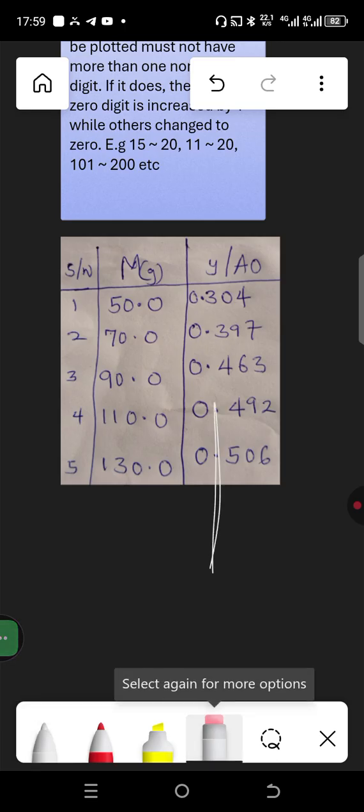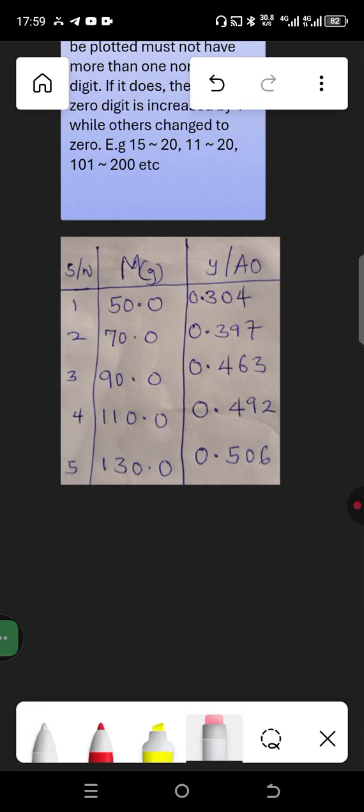Now we are plotting M against what? Y. Now using the formula that we have.